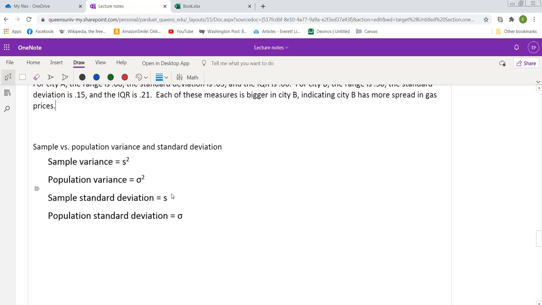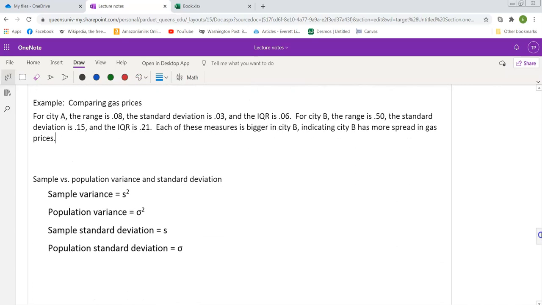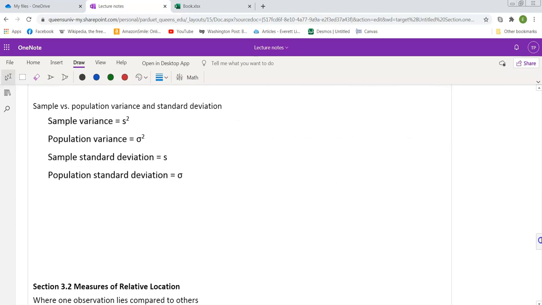The population formulas are almost exactly the same. The only difference is that in the population variance, you don't subtract 1. And I'll post a video that explains that if you want to see it.